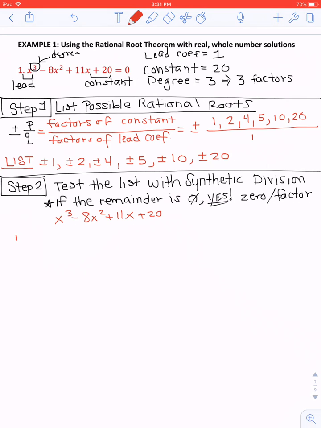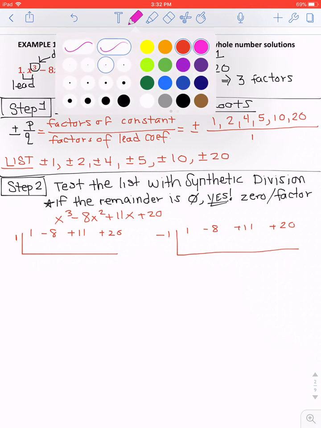So we're going to test 1, and we're going to test negative 1, and hope that one of those gives us a 0. If not, we're going to move on. So let's see, our coefficients in our polynomial are 1, negative 8, positive 11, positive 20.